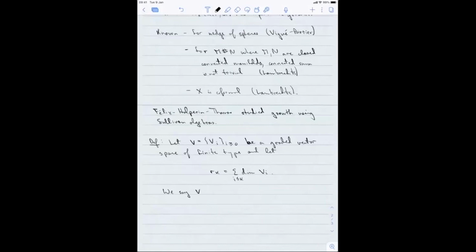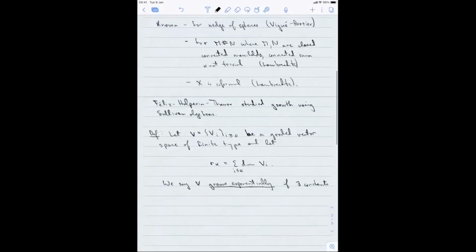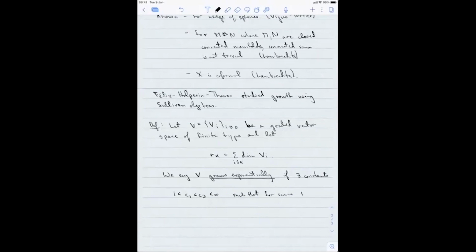And then we say that this graded vector space grows exponentially if you can find constants C1 and C2 that are finite but bigger than 1, such that for some integer m, R_k is squeezed between C1 to the k and C2 to the k for all k bigger than or equal to m.